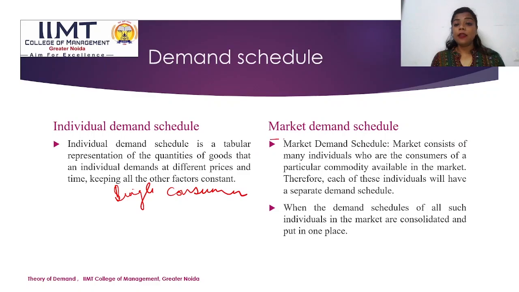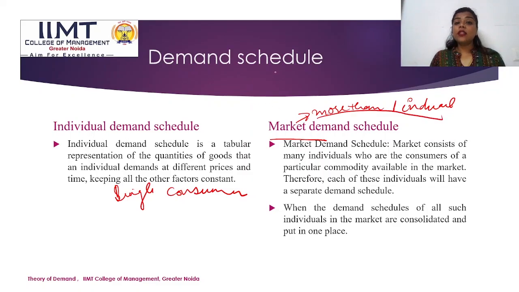And what will be our market demand? When we consider more than one individual. When we talk about a single individual, it will be an individual demand, and when we talk about more than one individual, it will be our market demand.